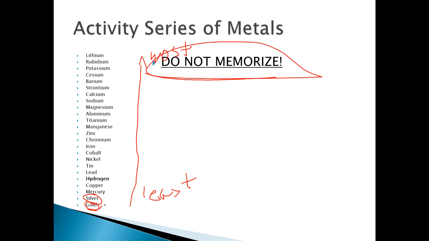Gold and silver don't react with anything, so they won't tarnish. They'll always be generally shiny. You won't have to worry about cleaning. You go and you clean your house and you use some chemical, you won't have to wear gloves. You can keep your nice fancy gold rings on and not worry about it reacting. Gold and silver just don't react with anything, so we don't worry about them reacting with anything.